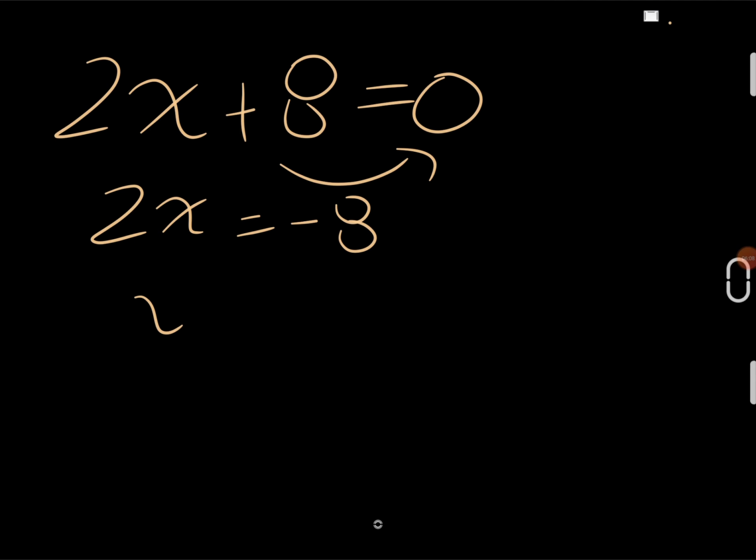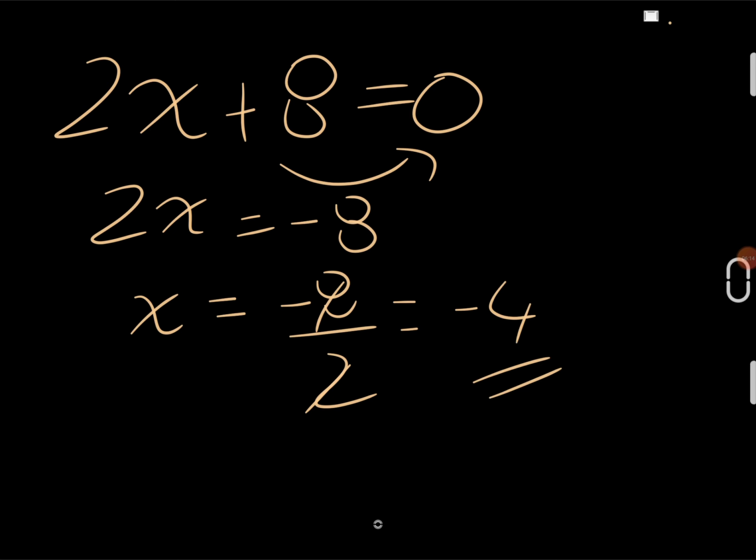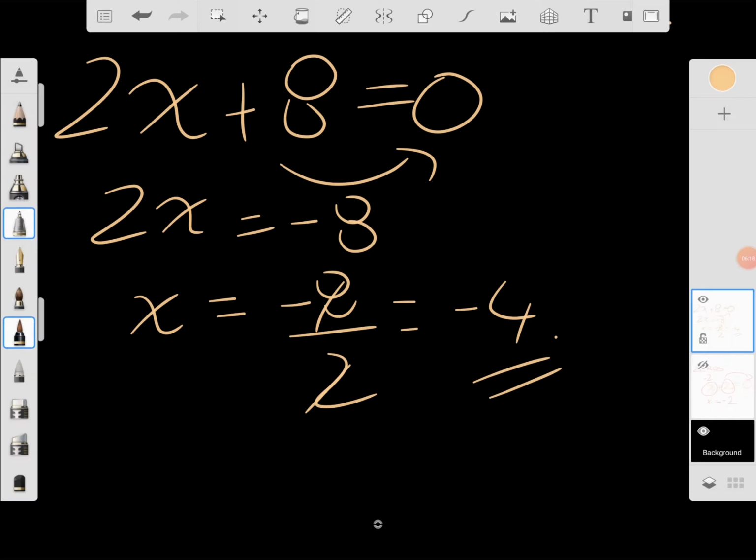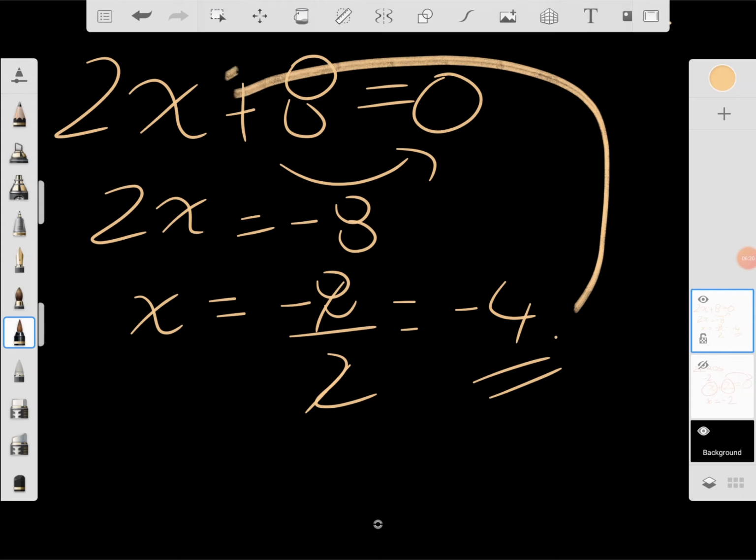Then if I divide by 2, x is equal to minus 8 by 2, which is minus 4. If I substitute x is equal to minus 4, then I see that the whole polynomial is 0. Therefore minus 4 is the zero of the polynomial. I hope you are able to understand this.